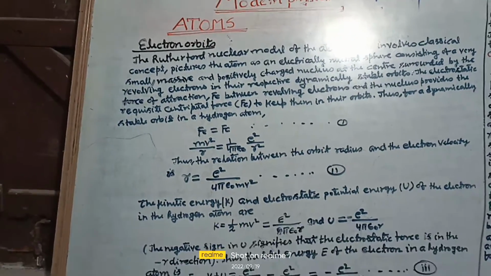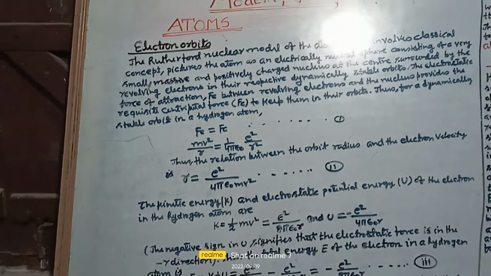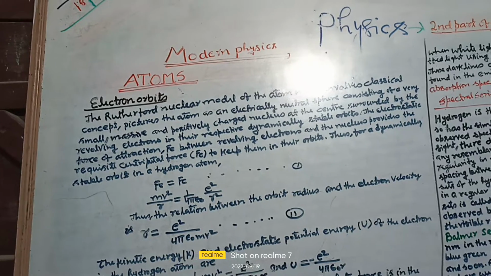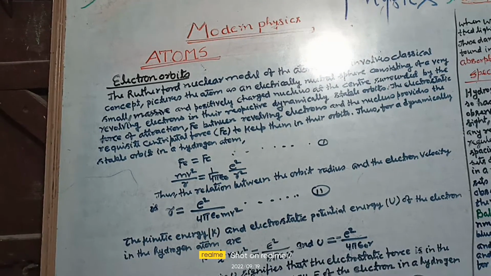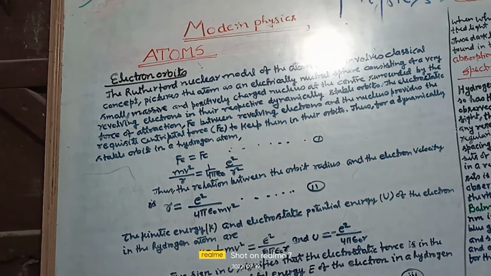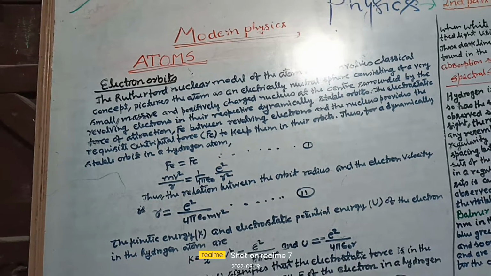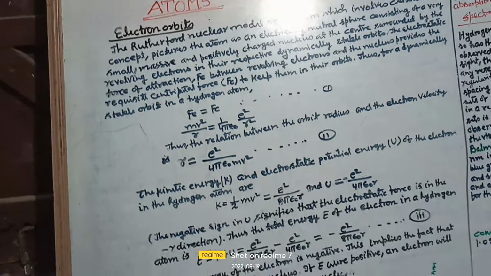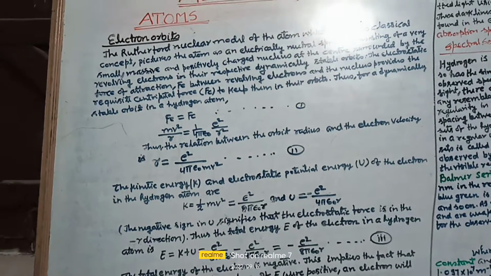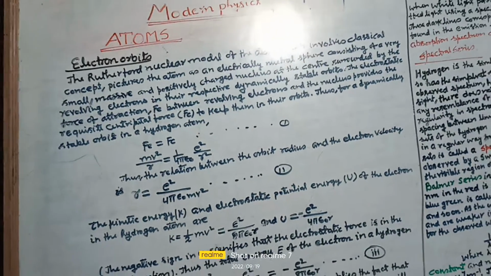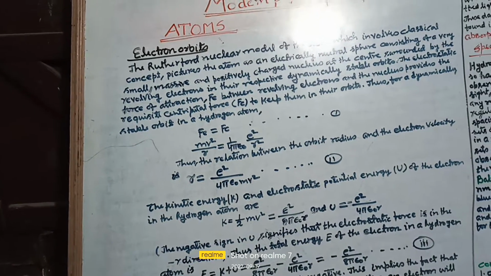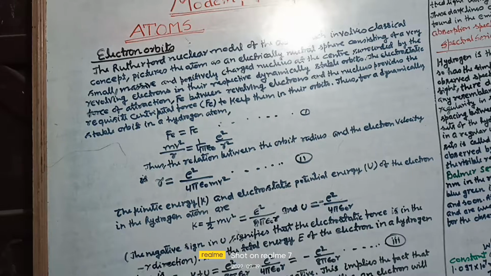we shall study about electron orbits in atoms. The Rutherford nuclear model of the atom, which involves classical concept pictures of the atom, pictures the atom as an electrically neutral sphere consisting of a very small, massive and positively charged nucleus at the center, surrounded by the revolving electrons in their respective dynamically stable orbits.